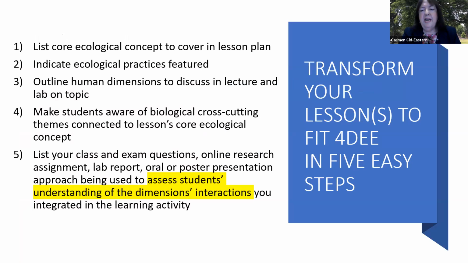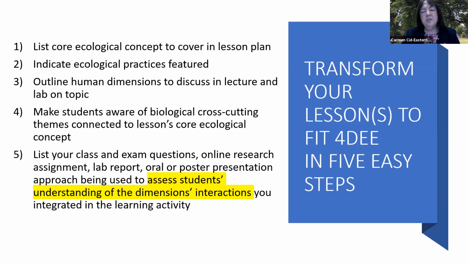So what are the 5 easy steps to follow to transform your course? First, for each lesson, you need to know what concept you're focusing on, and your students need to know it too. That's the important part. We want to be intentional about getting students to see that you're not just talking, you're actually trying to get them to move in a certain direction of interdimensional components. So for yourself, what practices are you featuring?